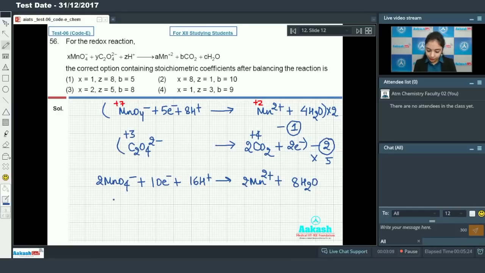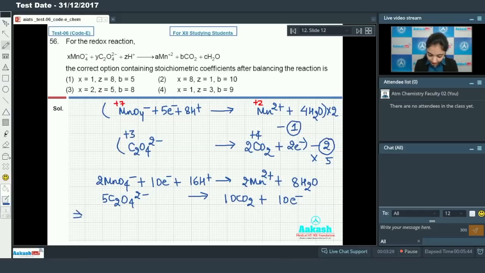And the second equation will become 5C2O4 2 negative giving 10 CO2 and 10 electrons. Now add the two equations.